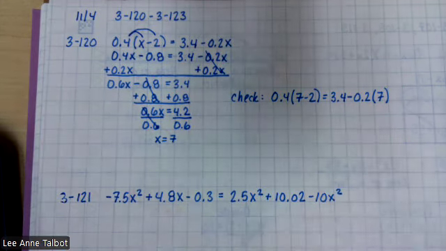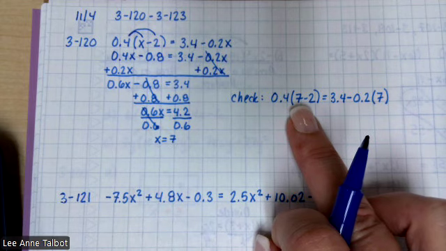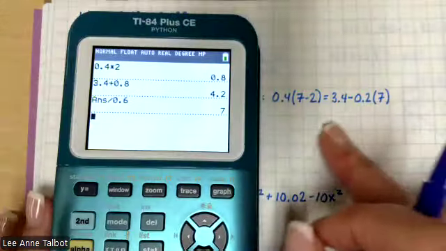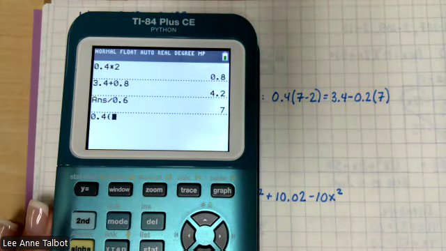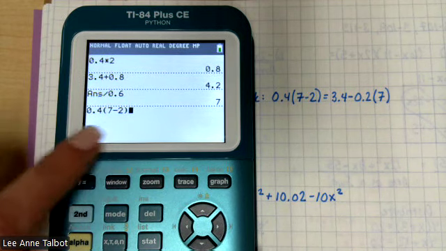Okay, now what I really want to make sure is that you understand that when you have numbers, you don't need to distribute. This is just 0.4 times 5, or you can use the parentheses buttons on your calculator to just enter in the whole side.